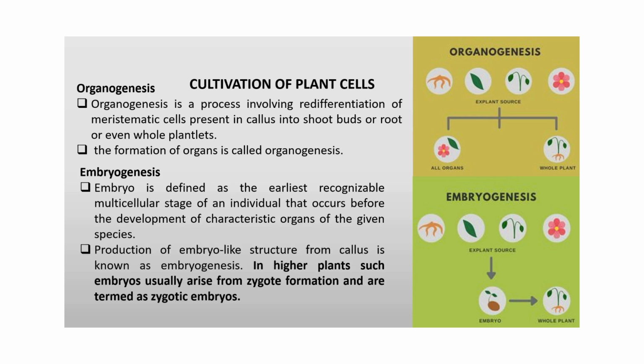Production of embryo-like structure from callus is known as embryogenesis. In higher plants, such embryos usually arise from zygote formation and are termed zygotic embryos.